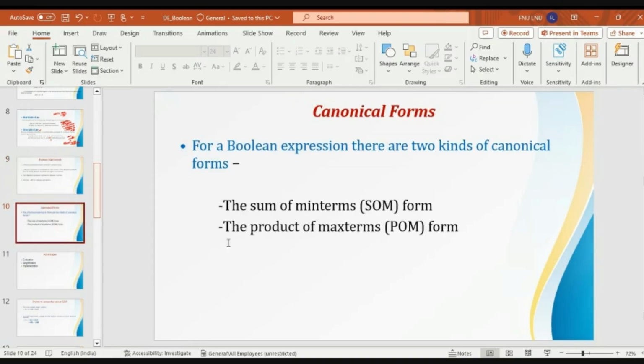So why do we need these SOP forms? Why are we going to the sum of product or product of sum? There should be some advantages, right?